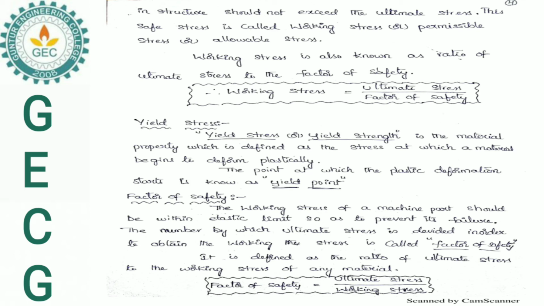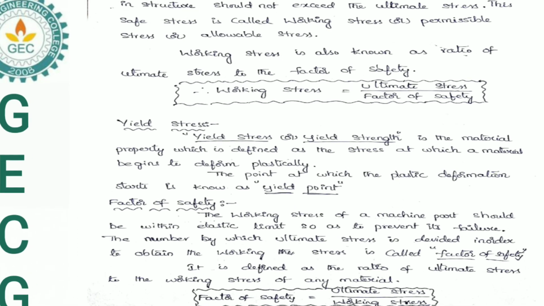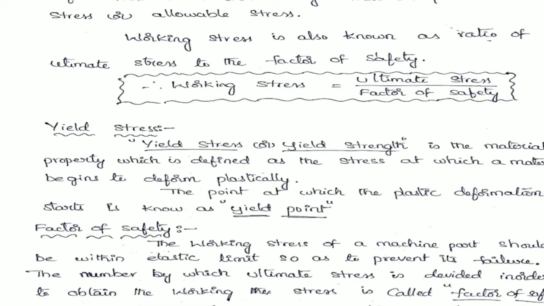A simple definition: working stress is the ratio of ultimate stress to the factor of safety. Finally, this is a very important stress. Working stress is equal to ultimate stress divided by factor of safety.